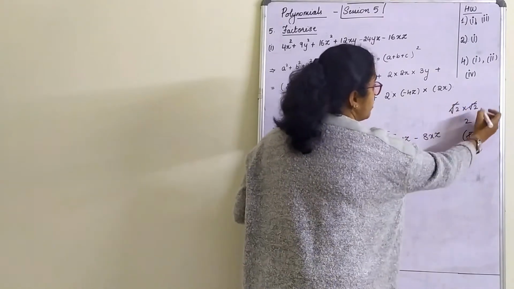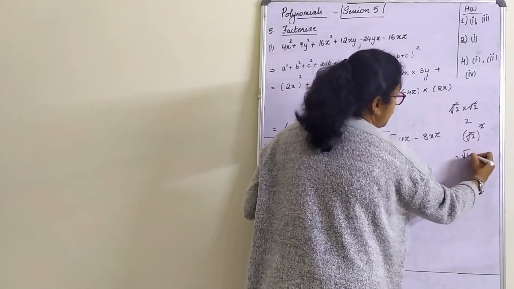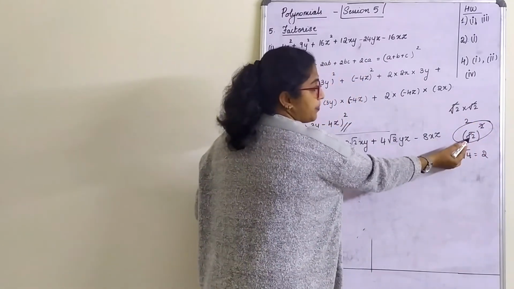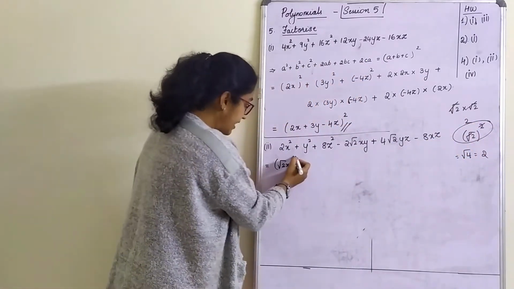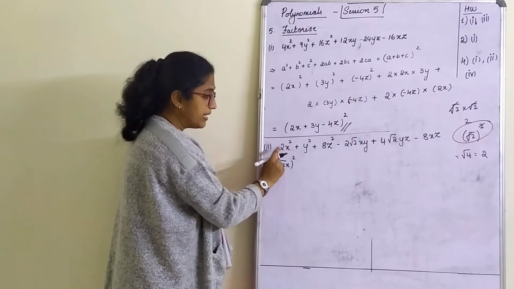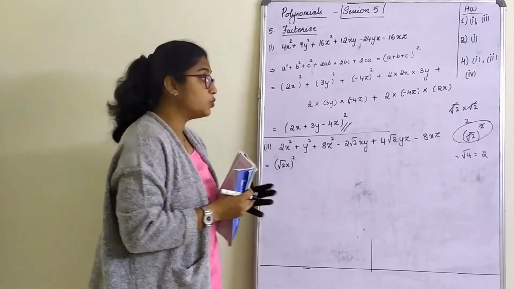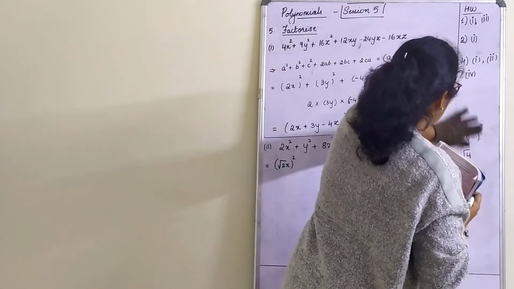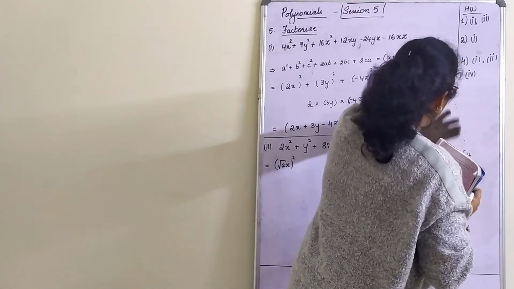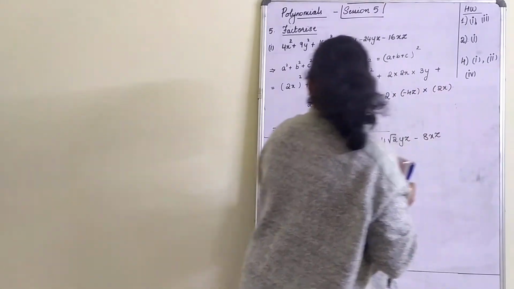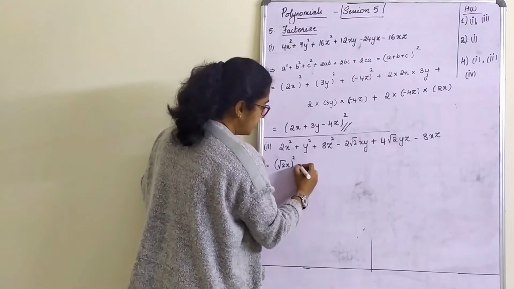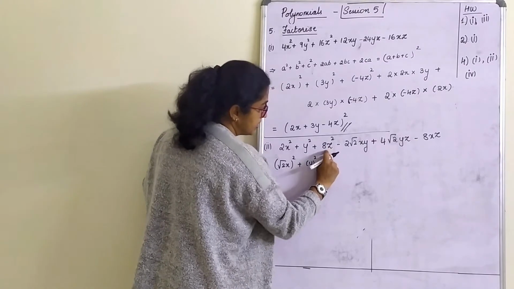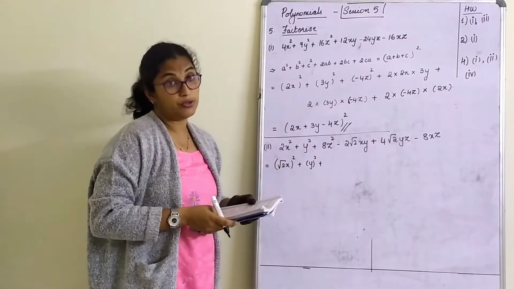Or root 2 into root 2 is root 4, root 4 is nothing but 2. So can we apply this rule here? Root and square, if I cancel square and root, I will get back 2 again. So that is the rule we follow for this square root term. Okay, so the first term is confirmed. What is the second term? The second term is very simple, it is y. So it is y square plus 8z square. How to write now?